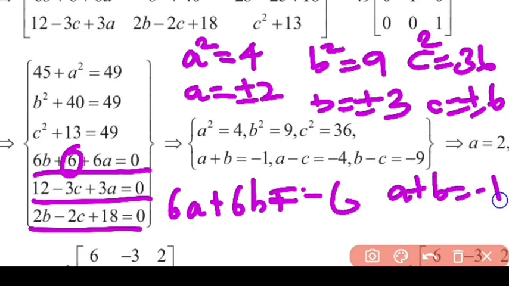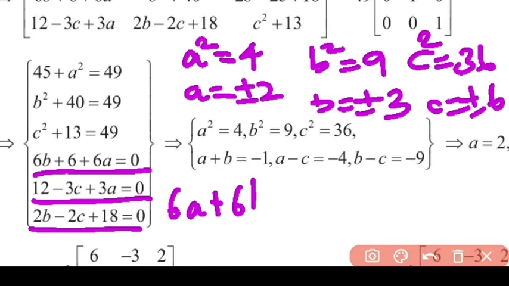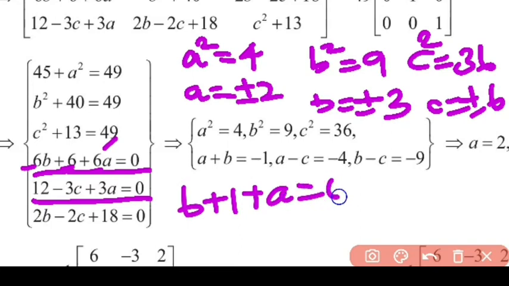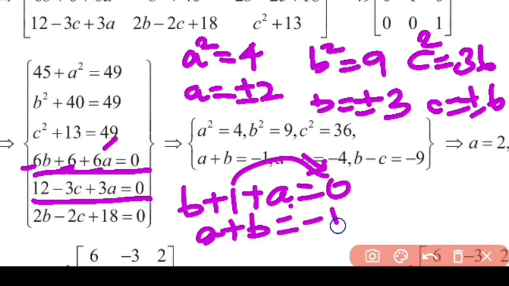I repeat: the remaining equation has 6a, and all terms are multiples of 6, so we divide by 6 and get a plus b plus 1 equals 0. We transpose the 1 to that side, so this becomes a plus b equals minus 1.